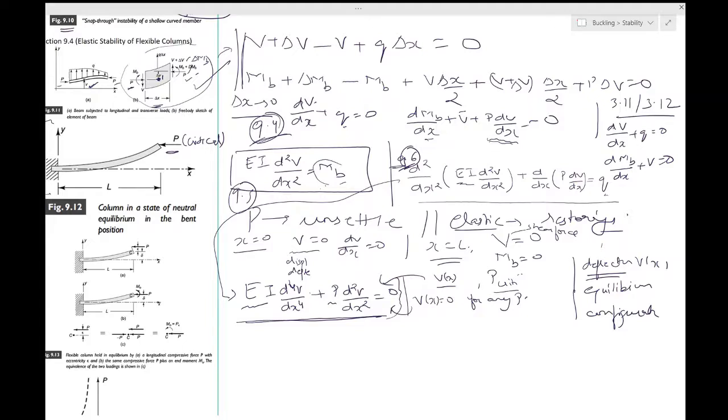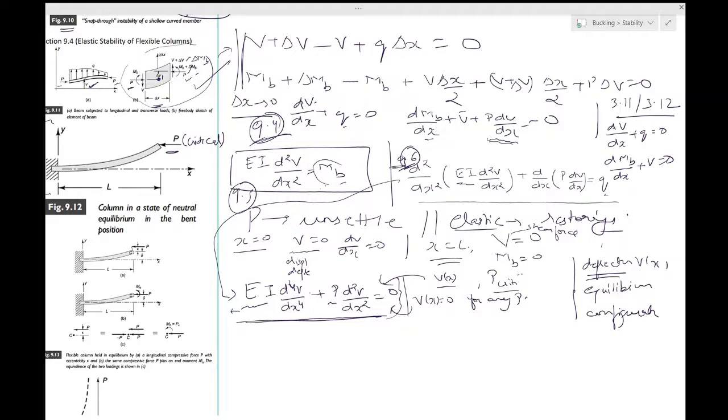In mathematics this is called a trivial solution. It's something which is trivially known. You don't have to work really hard for it. As far as the buckling problem goes, this must be considered a trivial solution.